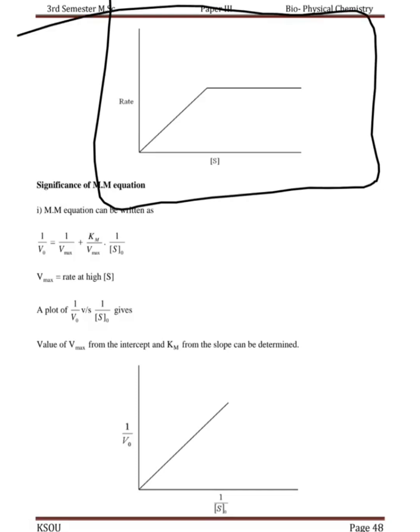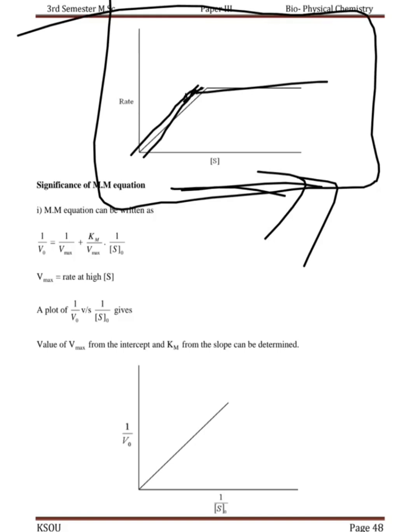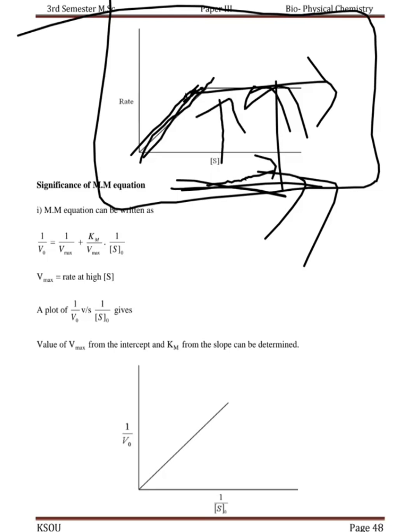In this plot, the concentration of the substrate is maximum, and the rate of reaction reaches a certain point and then becomes constant. After a certain time, even if we keep adding extra substrate, the rate of reaction will be constant.